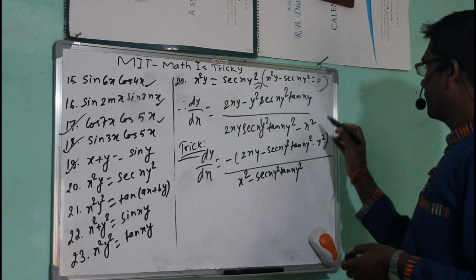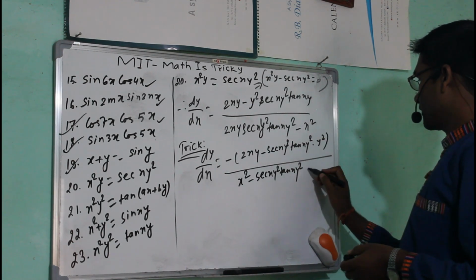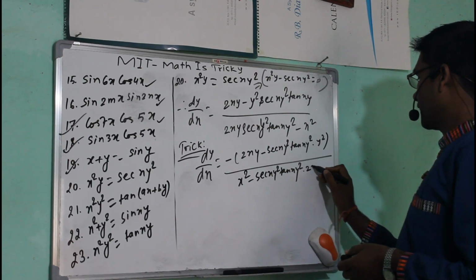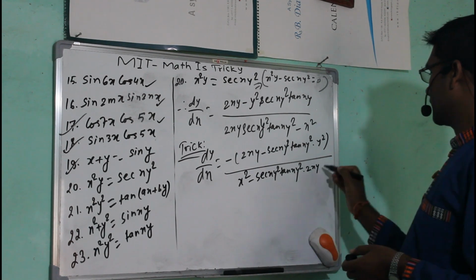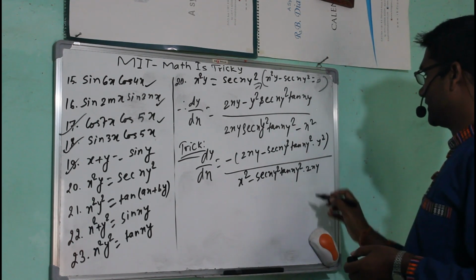Now the derivative of xy square means 2xy, because the derivative of y square is 2y, x is already there.